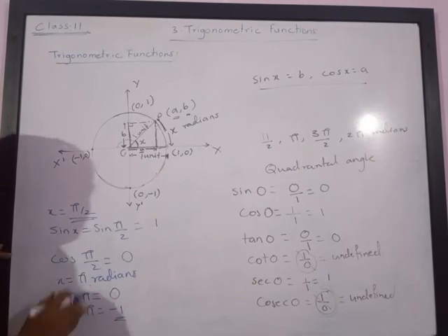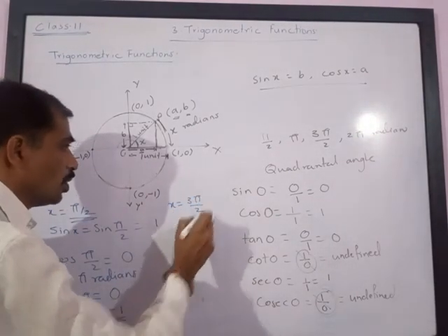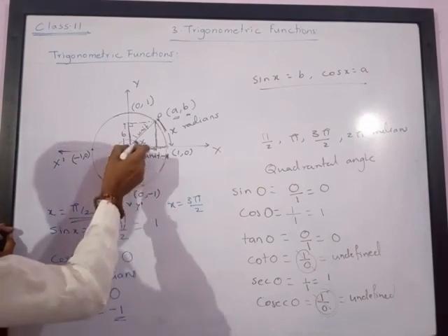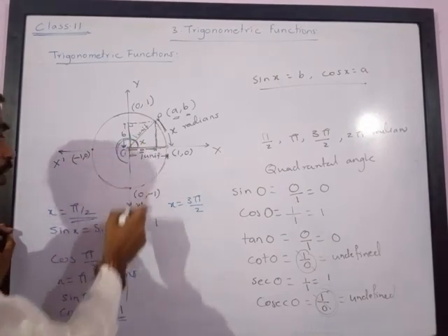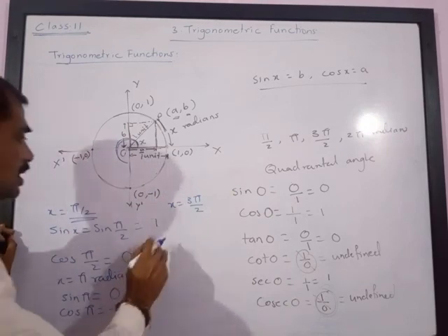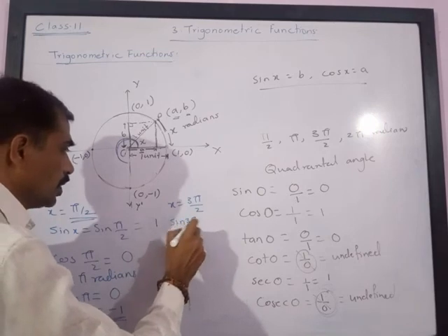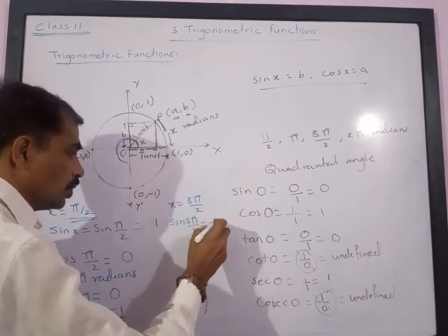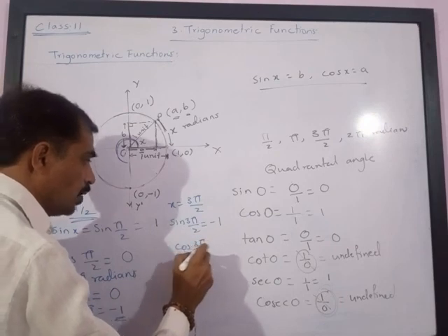If it is 3 pi by 2, for x is equal to 3 pi by 2, that is, terminal arm will be along y-axis. In this case, we will get sin of 3 pi by 2 is equal to -1 and cos of 3 pi by 2 is equal to 0.